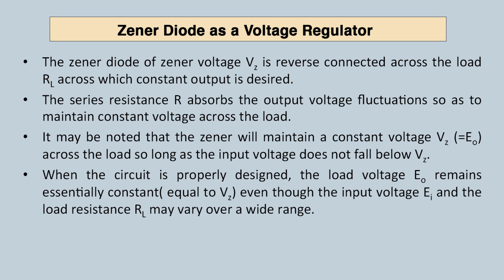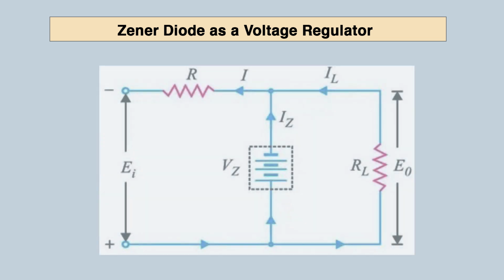When the circuit is properly designed, the load voltage E0 remains essentially constant, equal to Vz, even though the input voltage Ei and the load resistance RL may vary over a wide range. Suppose the input voltage increases.